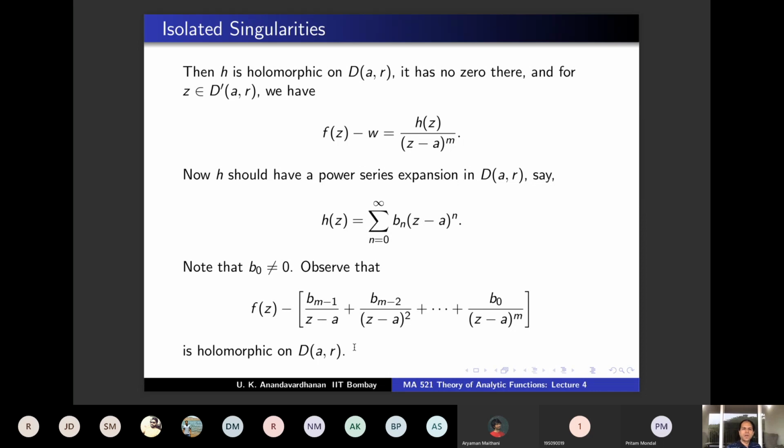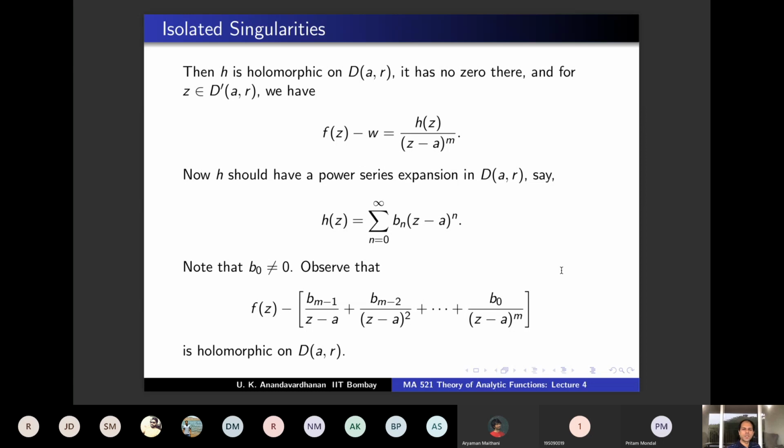Right? What are you doing? You are taking H by (Z minus A) power m. So when you take H by (Z minus A) power m, you have got F(z) minus a constant. So F(z) minus all this negative part, the part where the denominator comes with (Z minus A) power something, when you pull this back, the remaining is a genuine power series and therefore it's holomorphic.